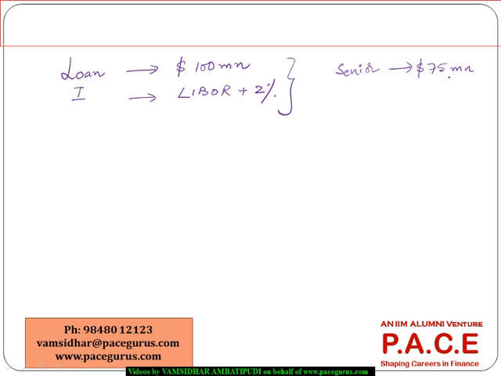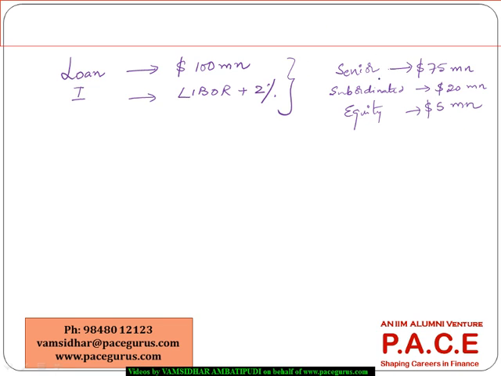I've created a subordinated tranche of 20 million, and the equity tranche is 5 million. So this is how the cash flows are mapped.